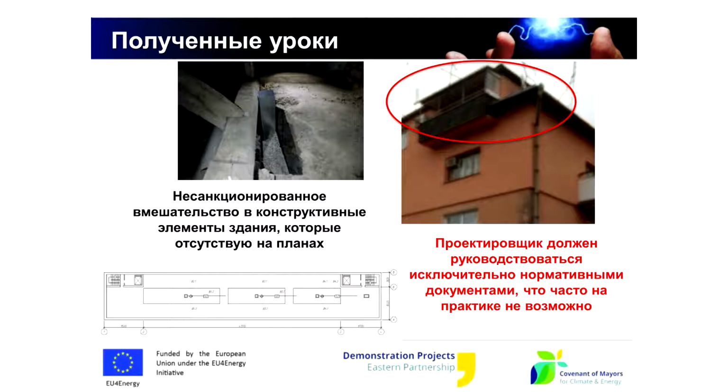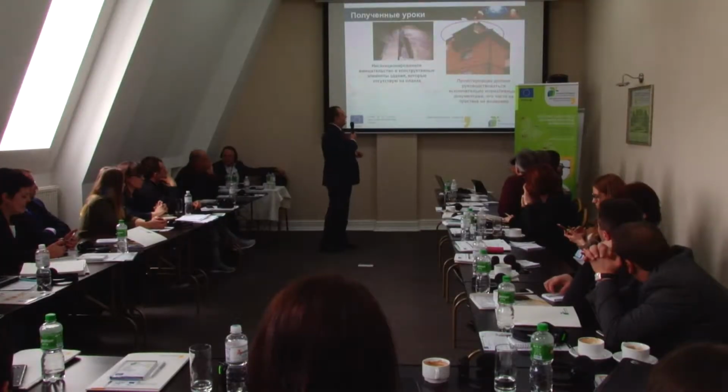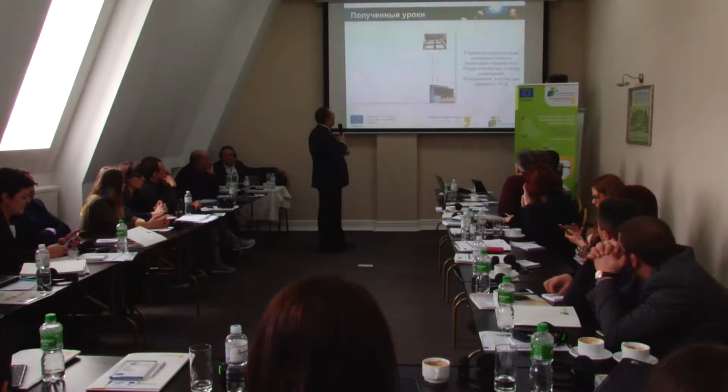Also, you can see some unauthorized interference into the ventilation system, which is not on the plan, but which exists de facto. The designer definitely has to act in accordance with the documents. That's why we have the problem, but according to the documents, there is no problem. Nevertheless, there may be cases like this, and somehow you have to be ready for this as a designer.